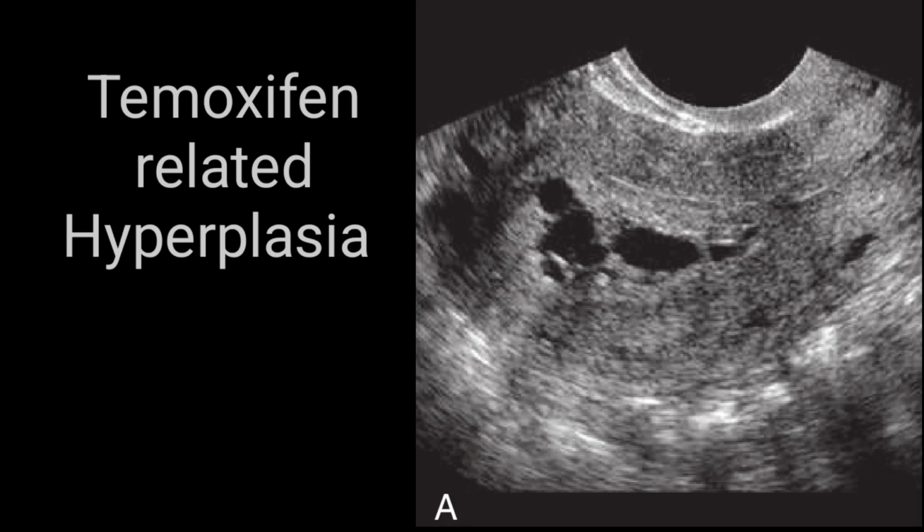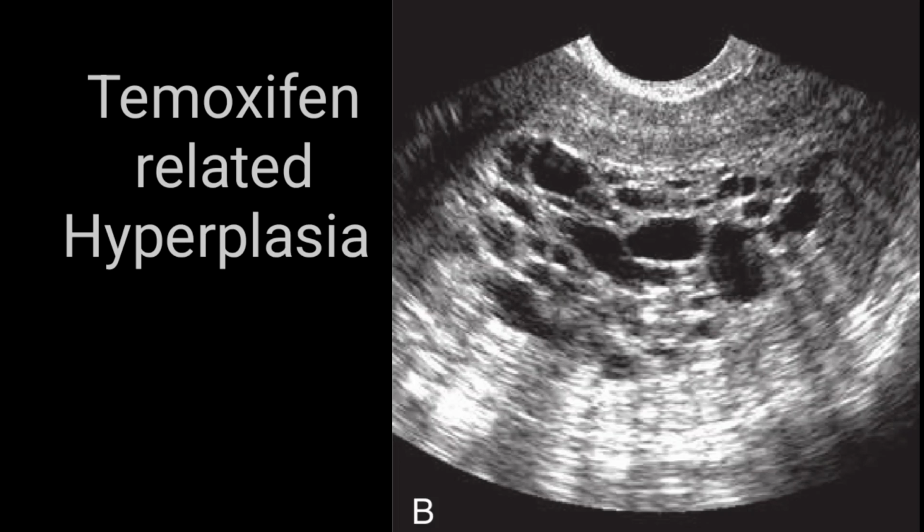So you might have observed that many a time you will receive a patient who is already on tamoxifen and taking other drugs for breast cancers. We usually recommend the transvaginal scan for looking for the endometrial changes, either endometrial hyperplasia or endometrial polyposis.